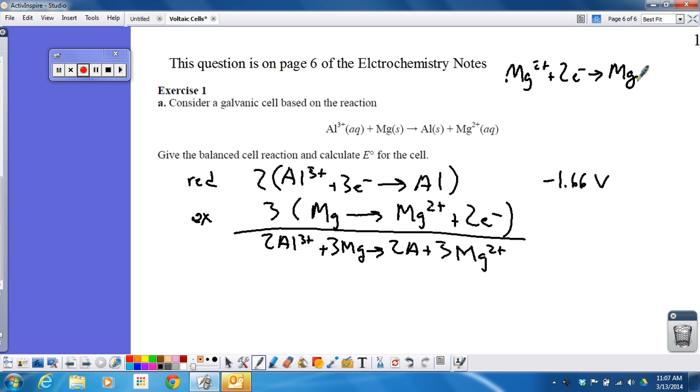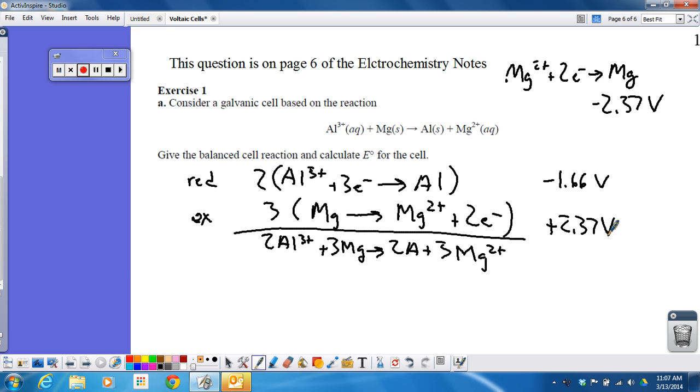On the table, the voltage is negative 2.37 volts. However, I'm not running this reaction, I'm running the reverse reaction. So since I'm running the reverse reaction, what I'm going to do is flip the sign. So if the reduction potential is negative 2.37 volts, the oxidation potential is positive 2.37 volts.